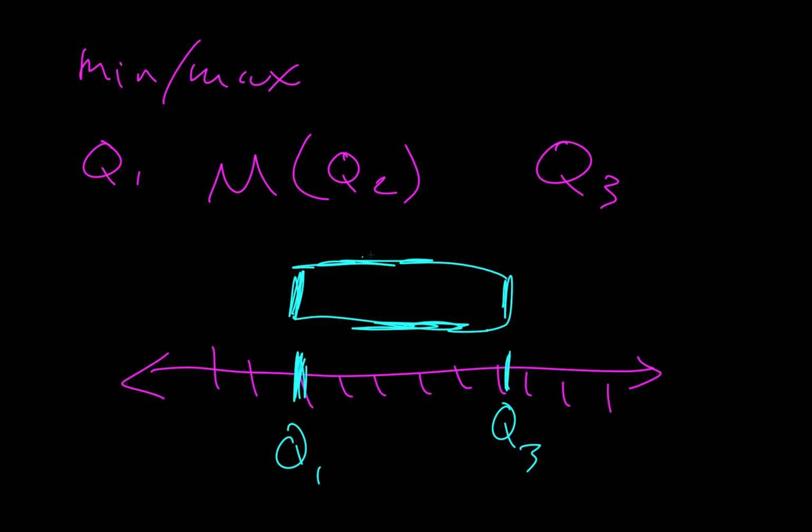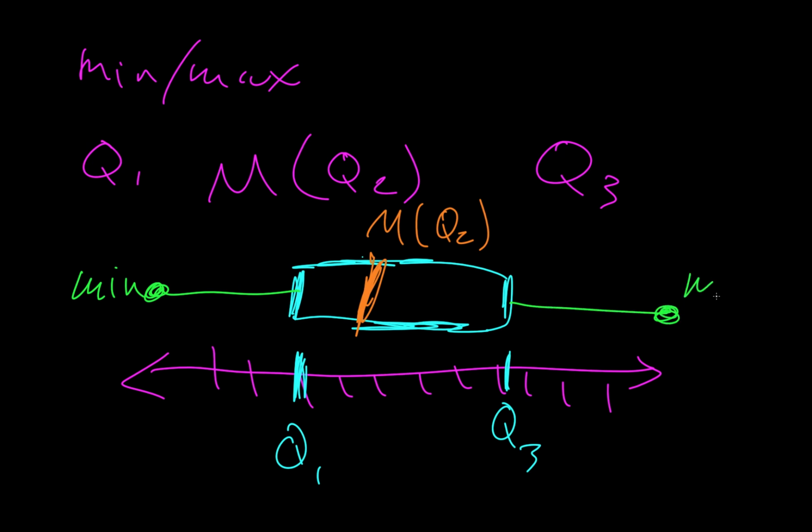We would put a line somewhere in this that represents the median, or Q2. And then we would draw whiskers that go out to the min and also to the max. Okay? Now we're just going to start with the problem.